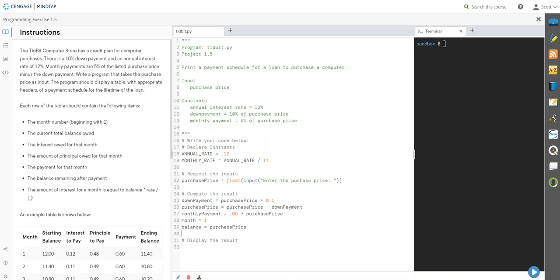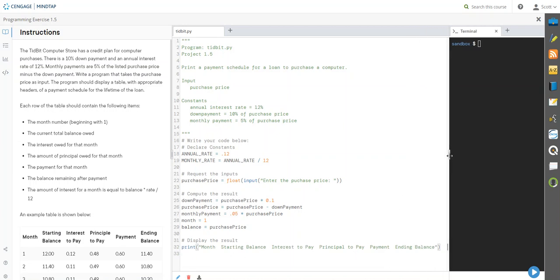From there, let's go ahead and print the header for this table. Here's the header for that table. Here's the table right here. Month, starting balance. See it? It's just a string.